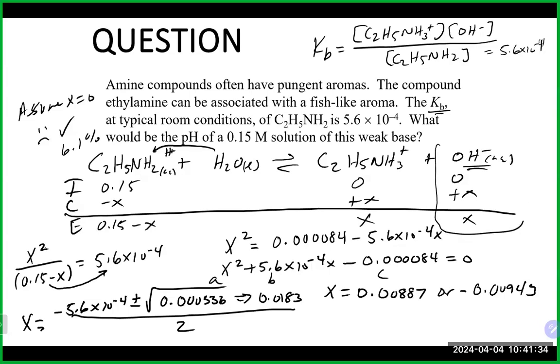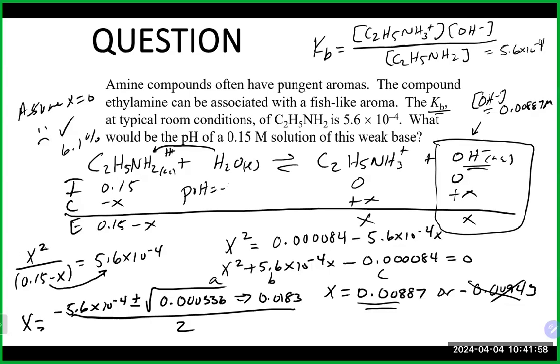Once again here, that's not going to work for us, which means that 0.00887 is going to be our number. Also important, as we talked about there, is this is the OH minus concentration, right? So that x there is the OH minus concentration, 0.00887. Remember, now we could get the POH, which will go right there in the middle of my ice table. Why not? Negative log of 0.00887.